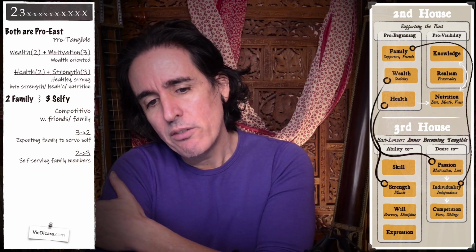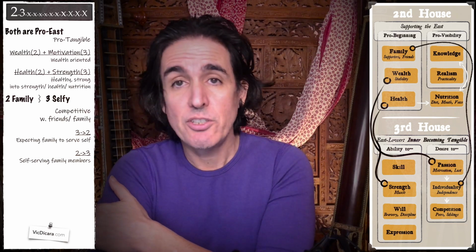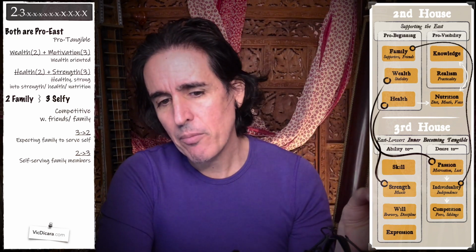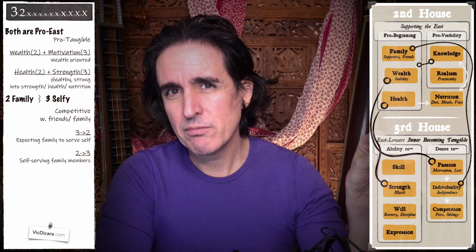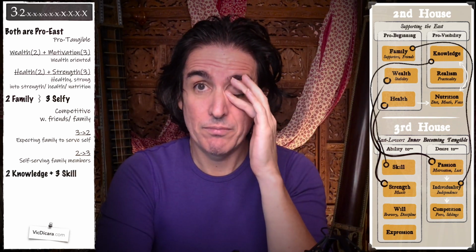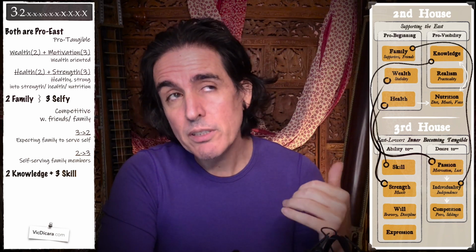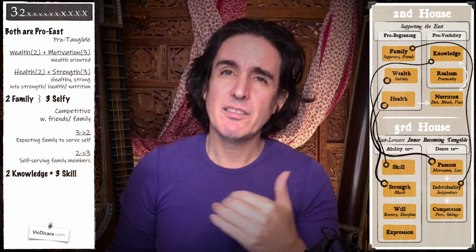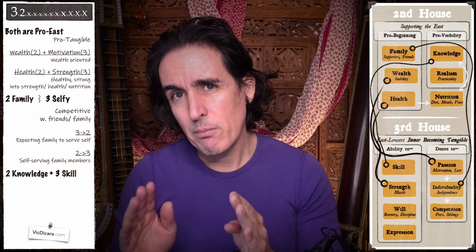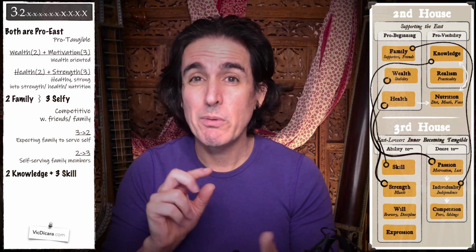Finally, there's one other important synergy or a good resonance between the second and the third house. The second is about knowledge, and the third is about skill. These are pretty well related things because skill is the enactment of knowledge or the application of knowledge. So when the second and the third houses combine, expect the person to be pretty sharp.